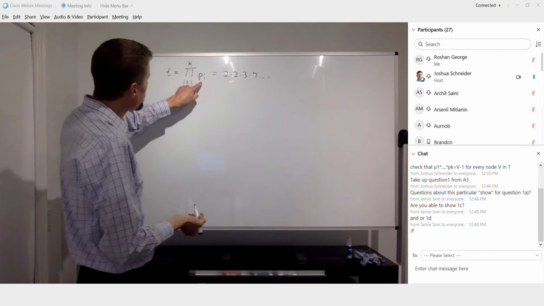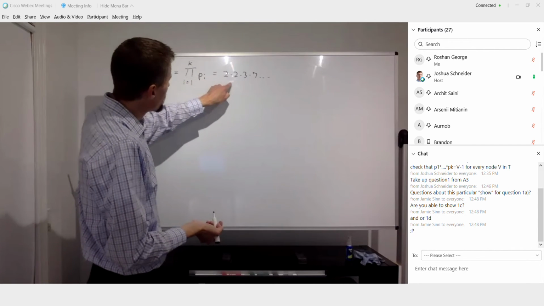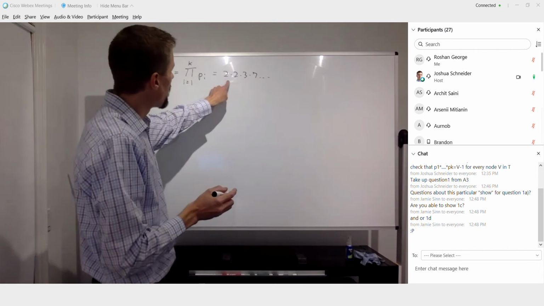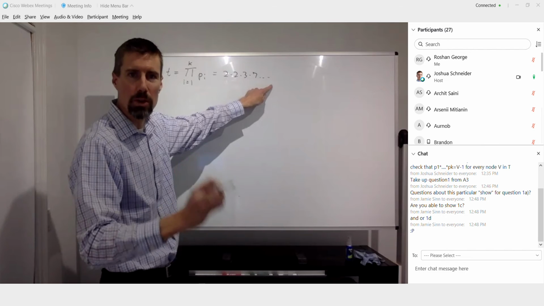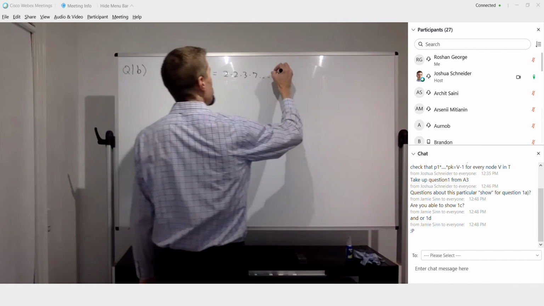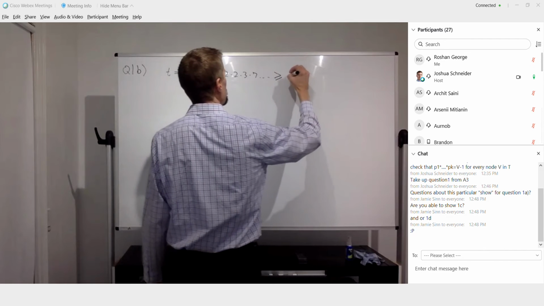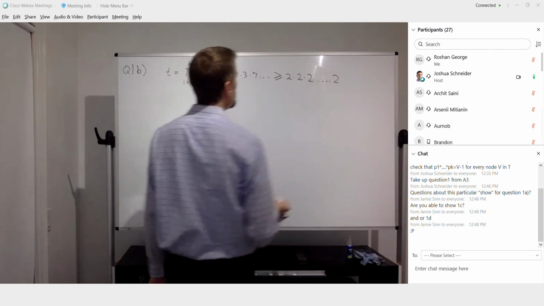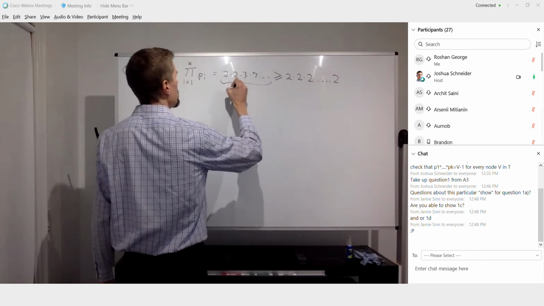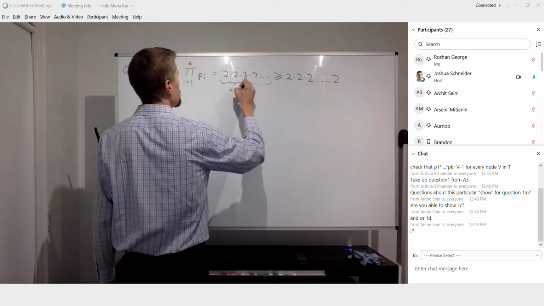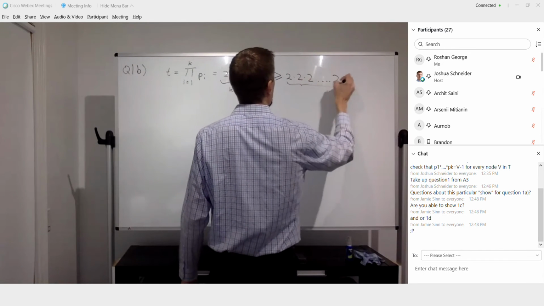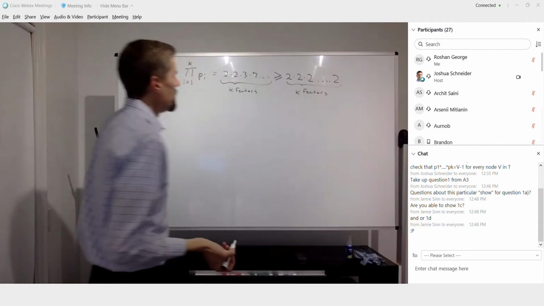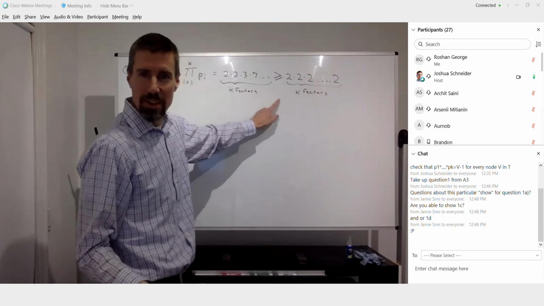Well, one of the things we can say is this product of primes must always be greater than or equal to the product of the primes if all these primes were 2. So this is always going to be greater than or equal to 2 times 2 times 2 dot dot dot times 2, if I have k factors here and k factors there. I think we can all agree on this inequality.